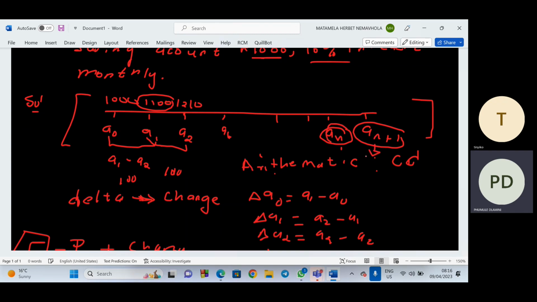In this future, we want to know what is happening. After that part we have a present, so this one is going to be taken as the initial. If we start here, this is our initial, and AN is going to be the future value that we are willing to get.